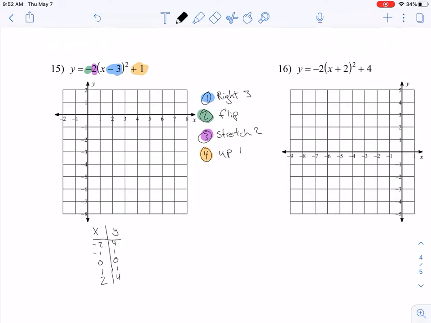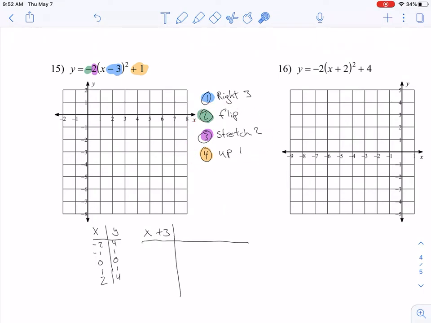So our transform table, our first step, like we just discussed, is affecting the x, and it's moving right 3. So we're saying x plus 3. Steps 2, 3, and 4 are all affecting the y.